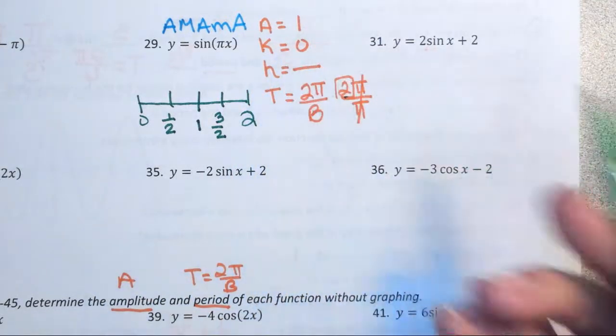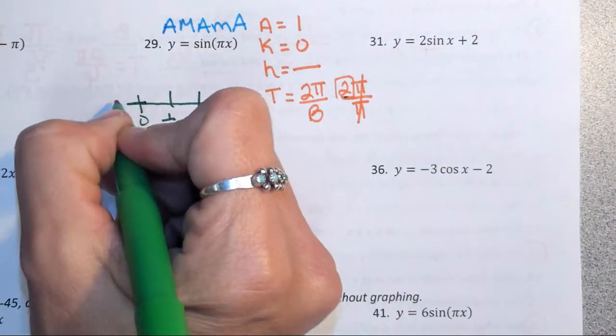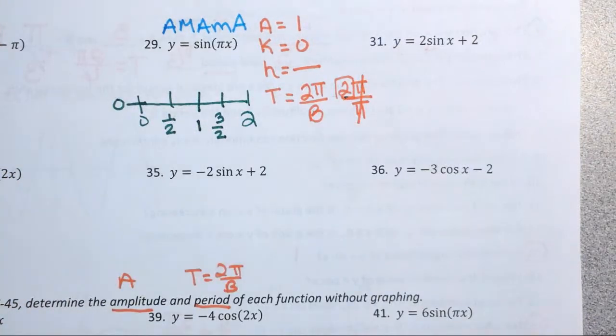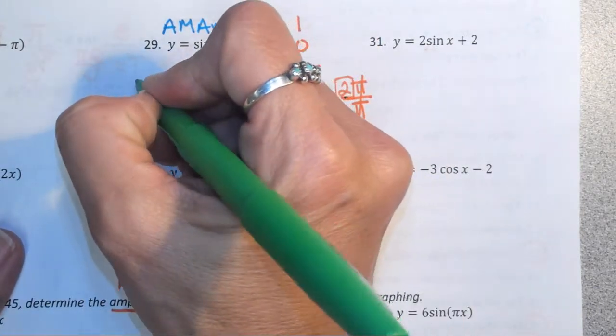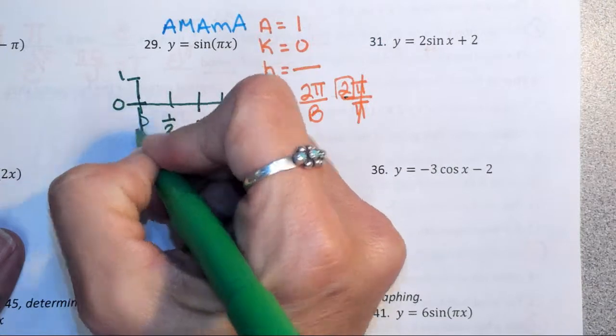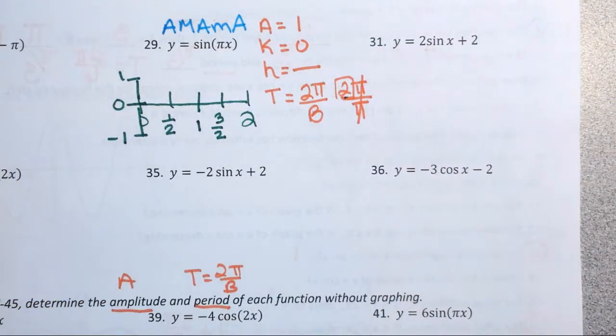The K tells me where I'm going to start on the y, so I'm going to have a 0. The A tells me how high to go above it and how far to go below it. So how high do I want to go above 0? 1. And how far below? Negative 1. So I'm going to go up, positive 1, and down, negative 1.